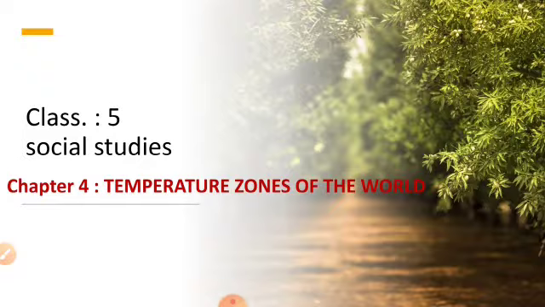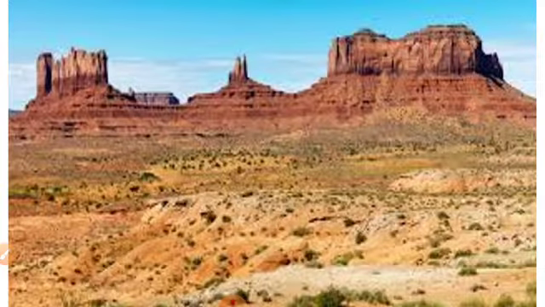Today, let us continue chapter 4, Temperature Zones of the World. Now, let us recall what we had discussed in our last class. The climate of a place is the average weather condition over a long period of time.